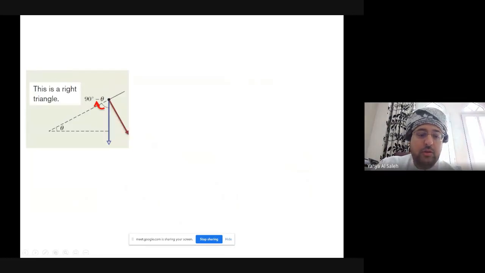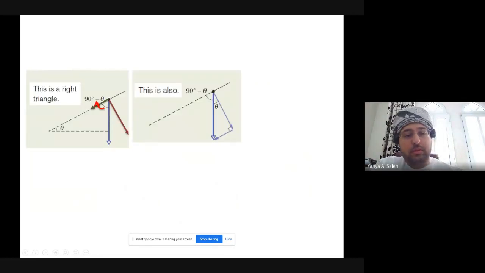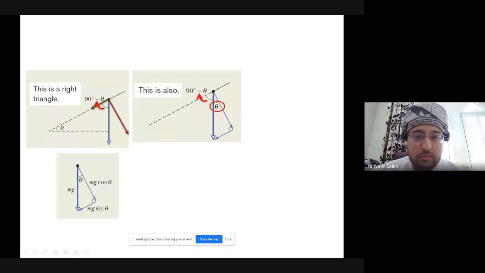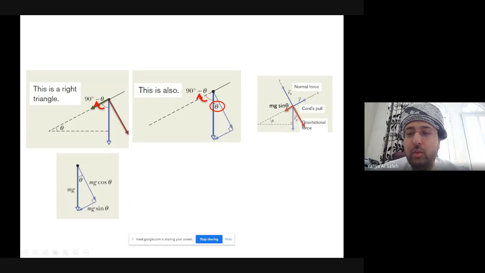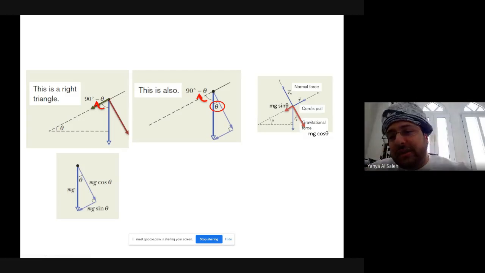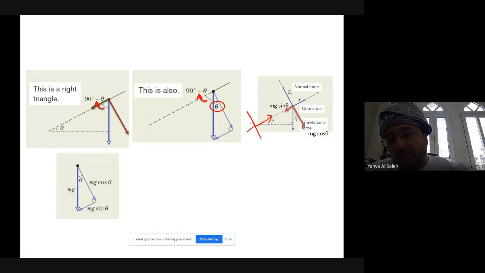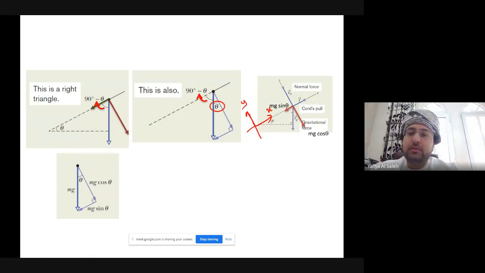So I'll use the complementary angle rules and take the components of the gravitational force. My new axes look like these, x, y. So in my new x-axis, my gravitational pull is minus mg sine theta, and my new y-axis component of gravitational pull is minus mg cosine theta.